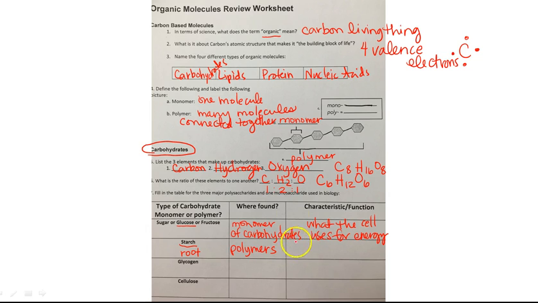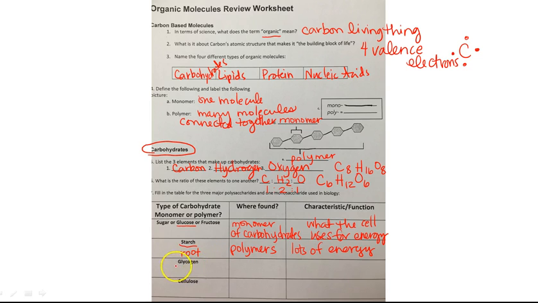When we eat them, we get lots of energy. But sometimes that's not a good thing, because if you're not burning that energy, then those glucose molecules are going to turn into lipids.